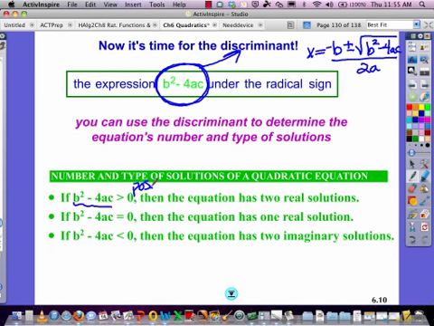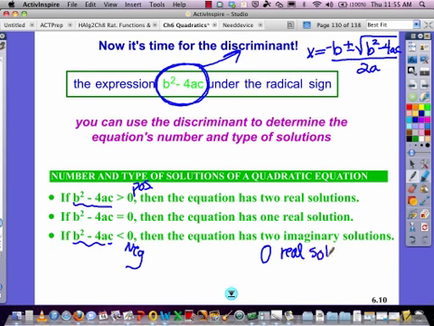When it comes out to 0, then the equation has 1 real solution. And last but not least, we've also just seen when we do b squared minus 4ac and it's a negative number, less than 0, which we know means it has 2 imaginary solutions, which means it has 0 real solutions. So we could also say 0 real solutions here.